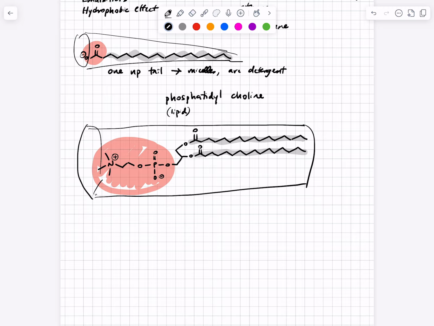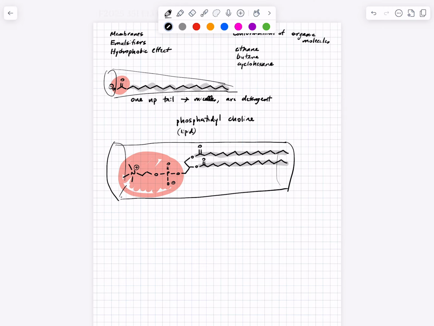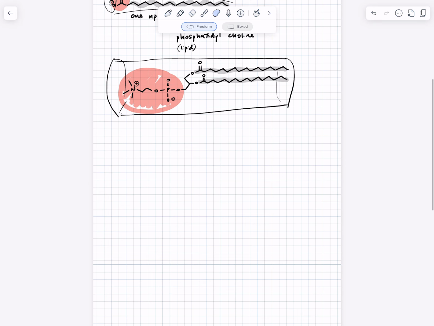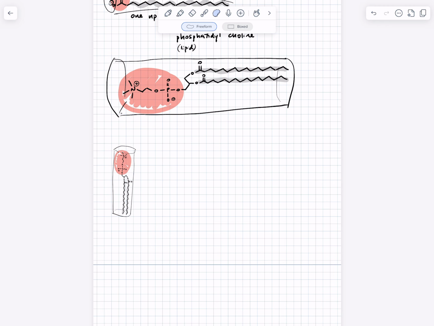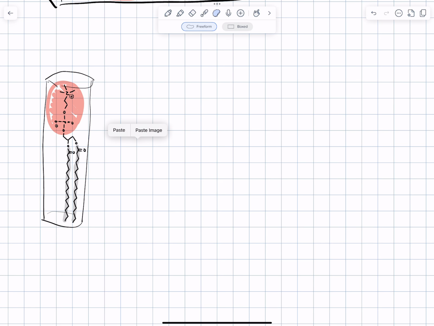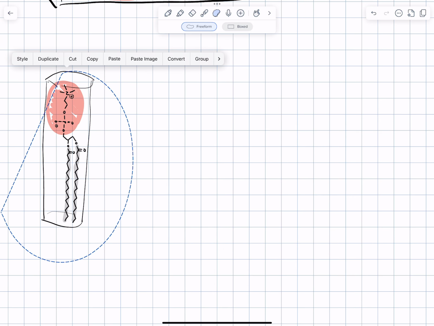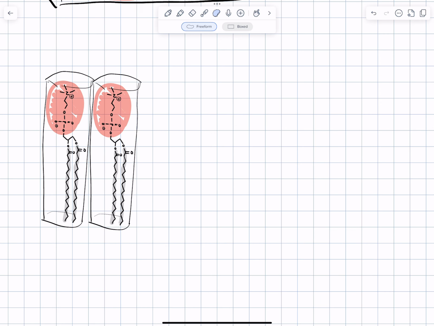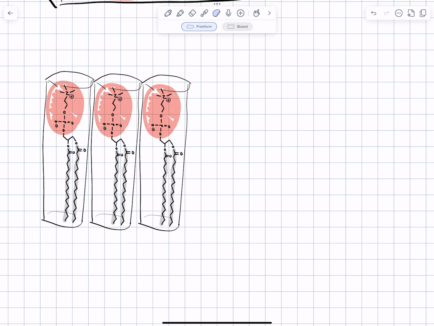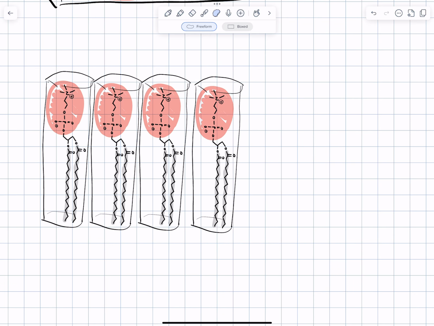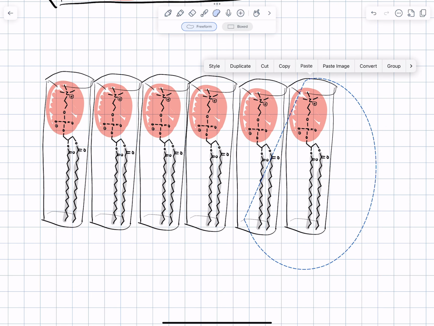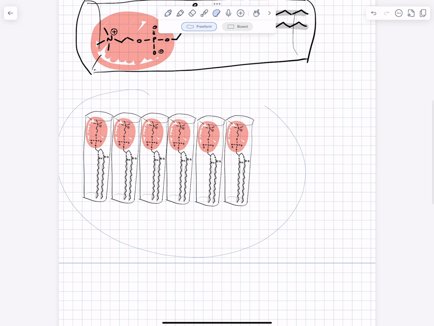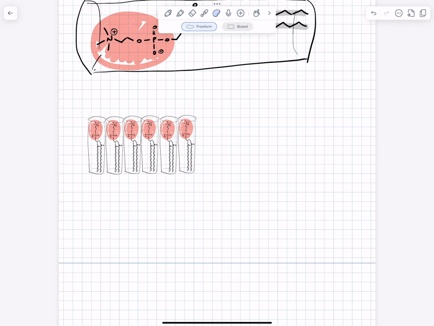Okay, so if you put this in water, it's going to want to assemble side to side to limit its exposure to water, and we'll talk about why that is in a little bit. So it's going to do the same kind of self-assembly that the detergents do. But because it's cylindrical and not conical, you don't get as much curvature.